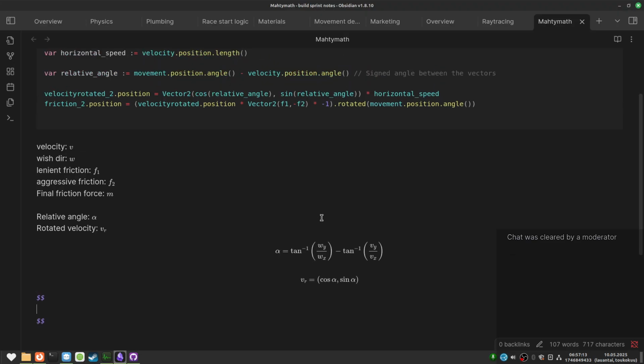Anyway, friction is just this. Okay, well, take VR, we multiply it by a vector.